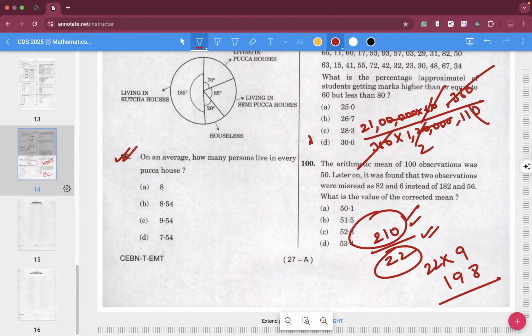Since this value is more than 198, obviously the value has to be between 9 and 10. So over here you can skip a little bit of calculation by writing 9.54.